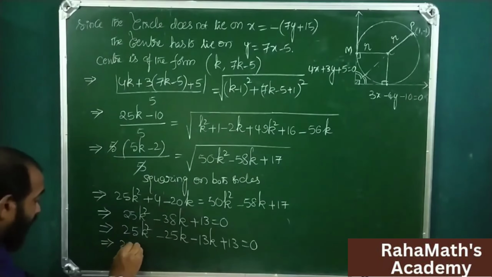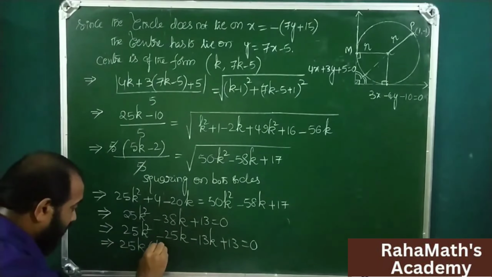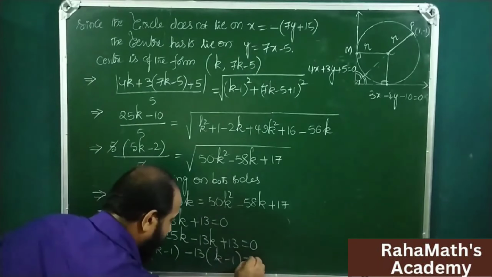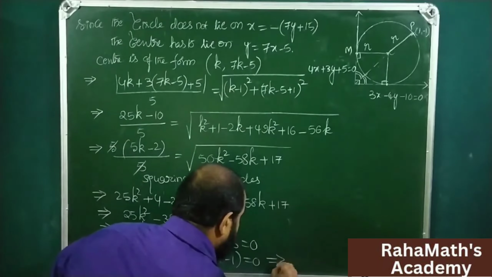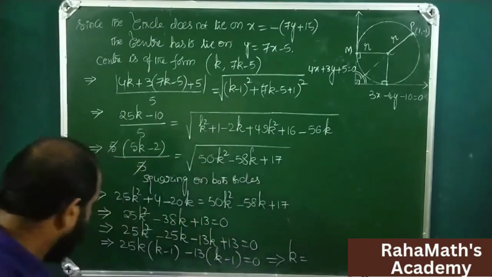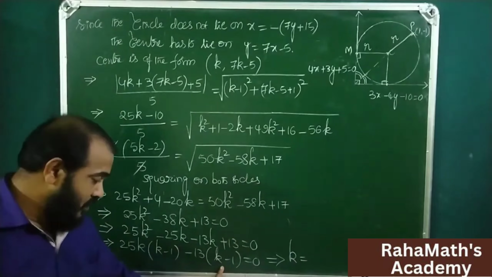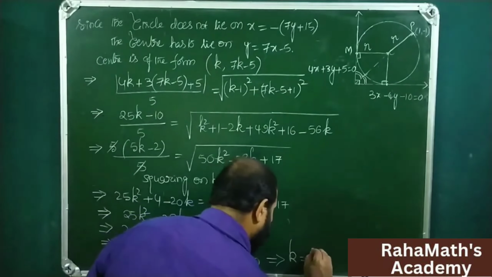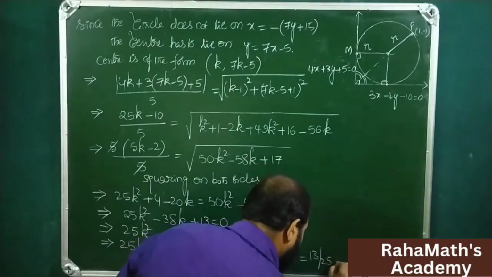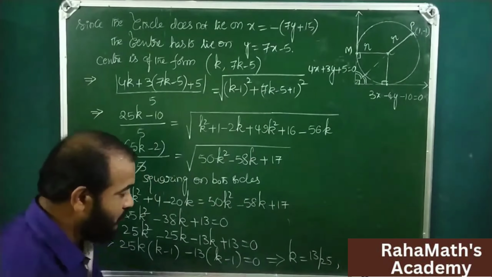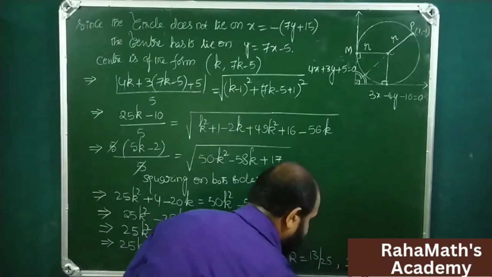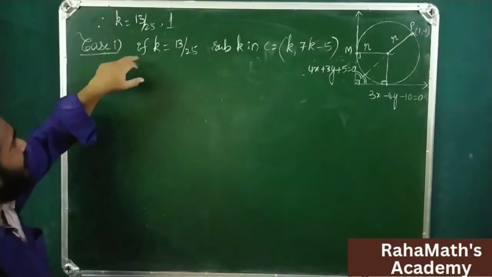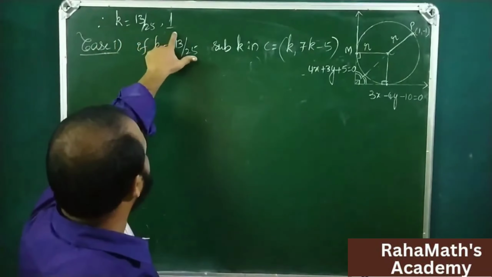If I take 25k as common, then k minus 1 minus 13, if you take common, k minus 1 equals 0. This implies 25k minus 13 equals 0, k equals 13 by 25, and k minus 1 equals 0, k equals 1. Therefore, two possibilities arise: k equals 13 by 25 and 1.